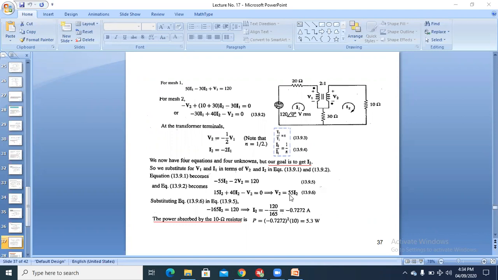And we substitute this value in this equation, and we get the value of I2 is equal to minus 0.7272 ampere. And from this, we calculate the power absorbed by the 10 ohm resistor, which is I squared R, and that is 5.3 watt.